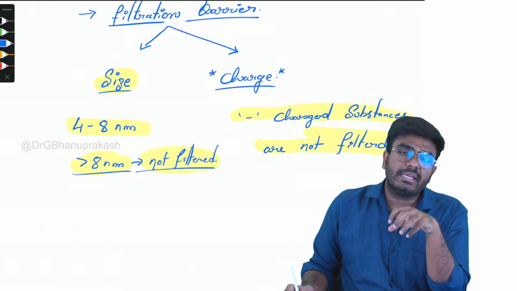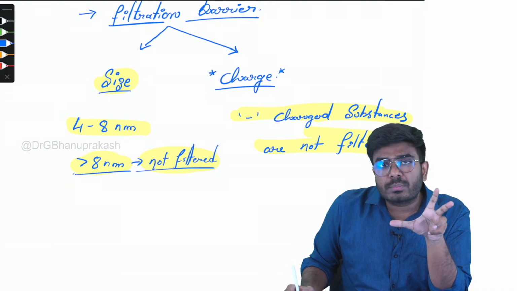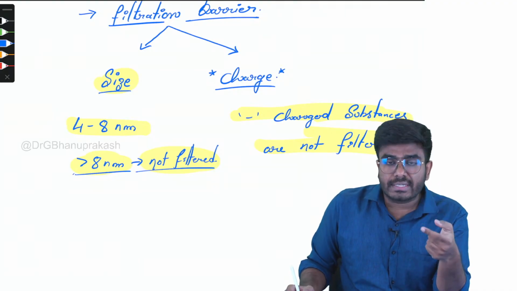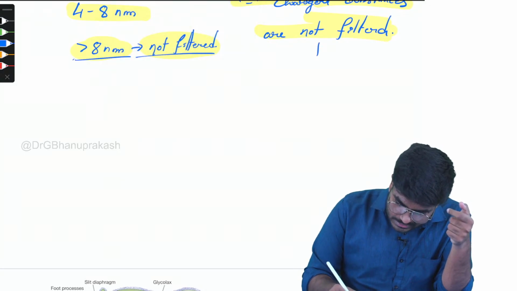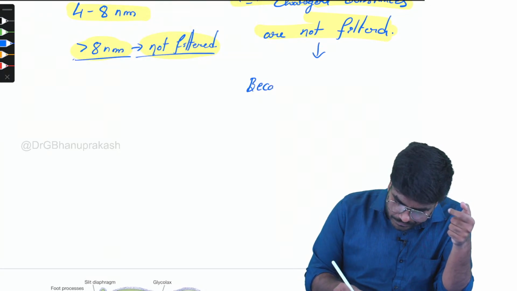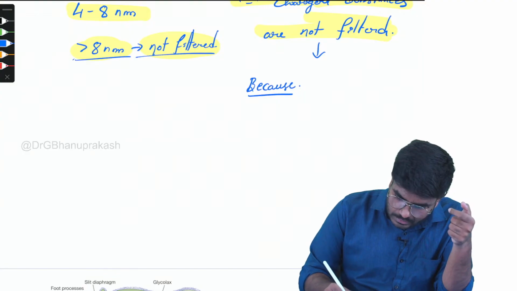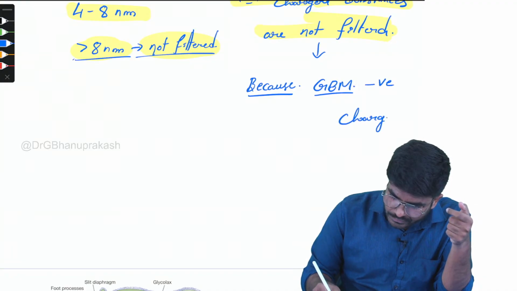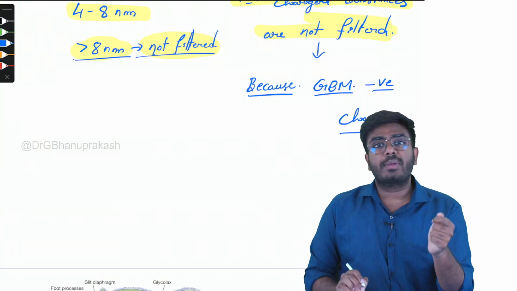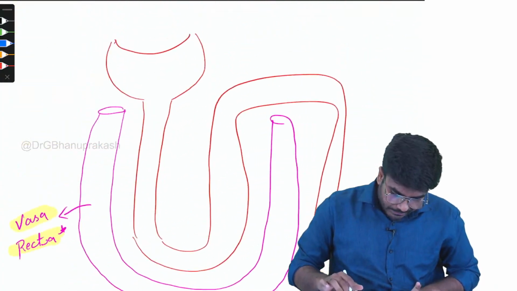Why are negatively charged substances not getting filtered? Very important point: because the glomerular basement membrane also has a negative charge. Let me show you here, guys.